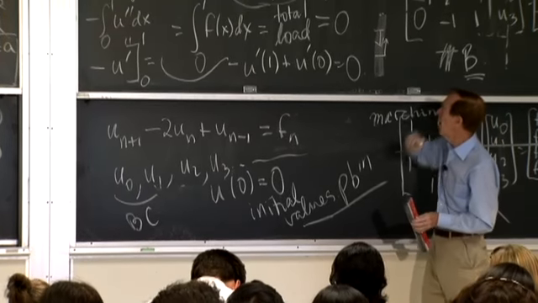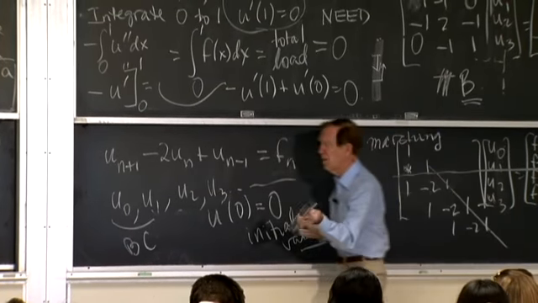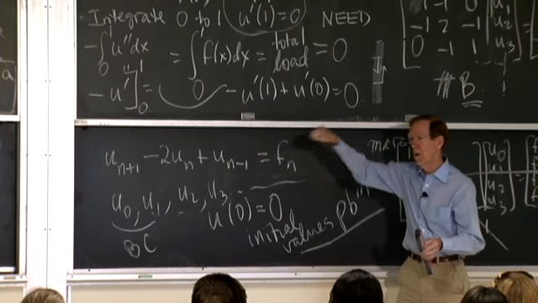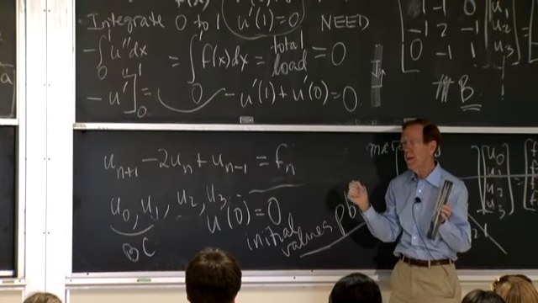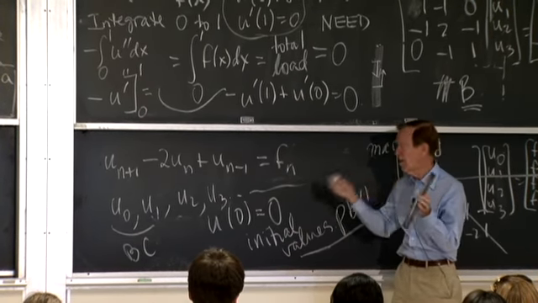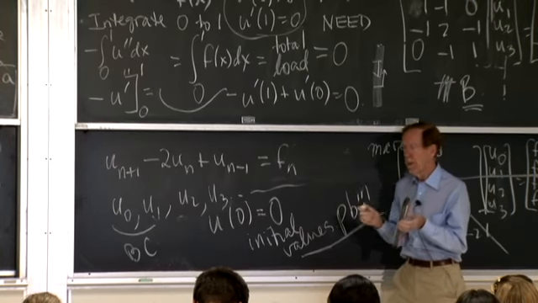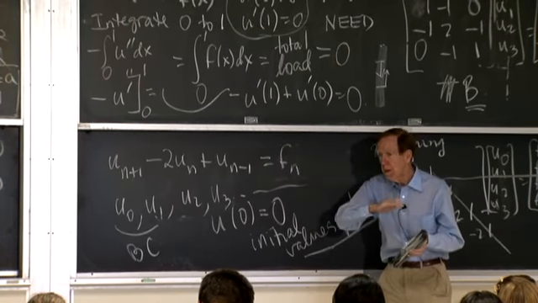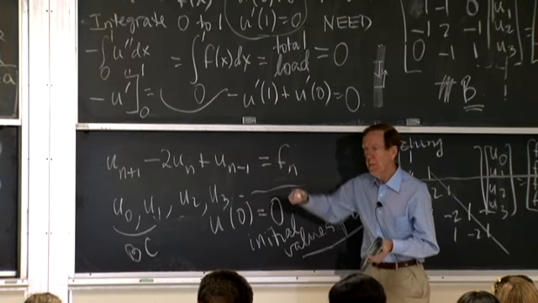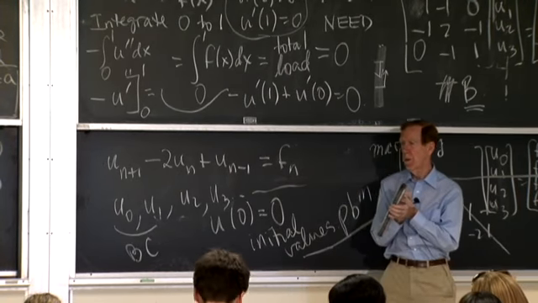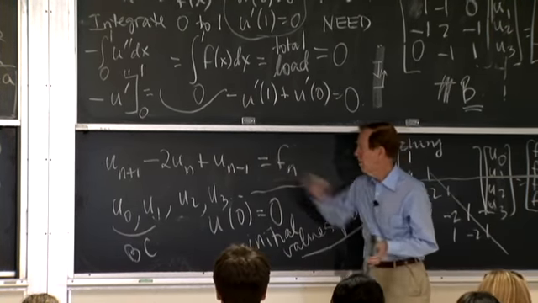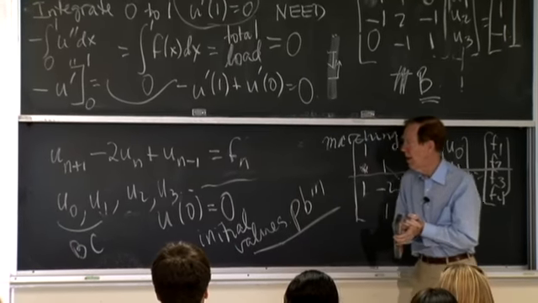Whereas in our problems, we've only got one thing to start on, and we've got one goal to hit. And that's why we have to solve the whole system together. This we can solve step by step. This is way faster, of course, to be able to just go forward in time.